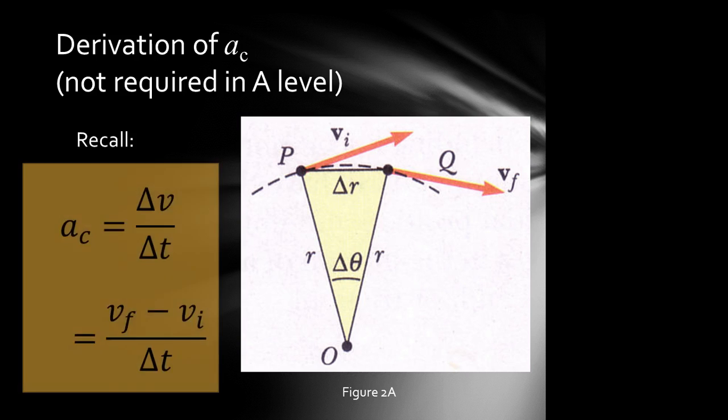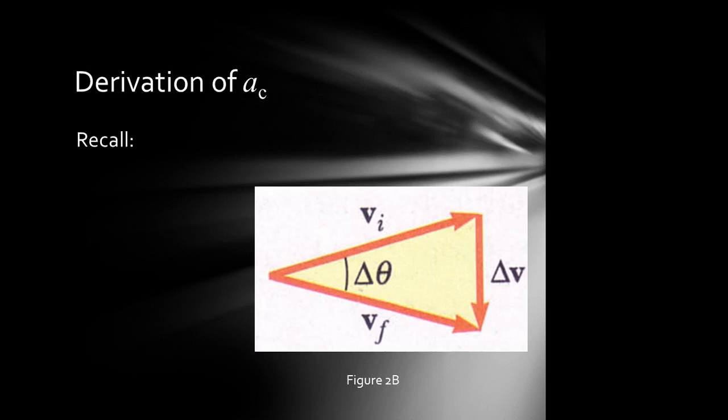So we are going to consider a second diagram looking at VI and VF. Noting that since the speeds are the same but the directions are different, they must form again an isosceles triangle, with the third side being what we call delta V, the change in velocity, which is VF minus VI.